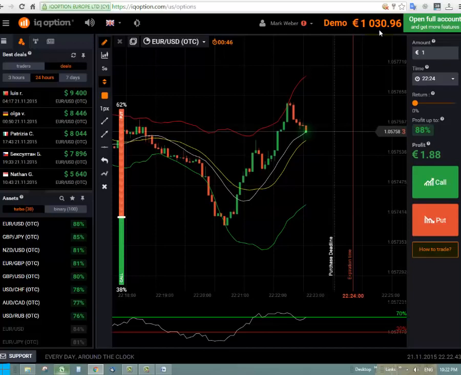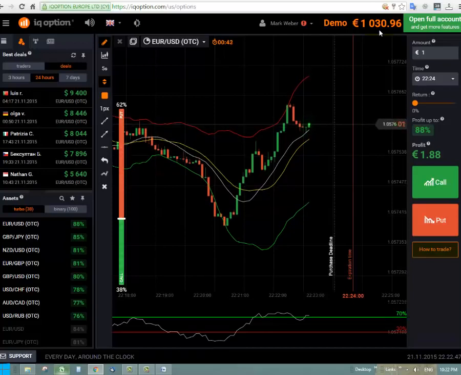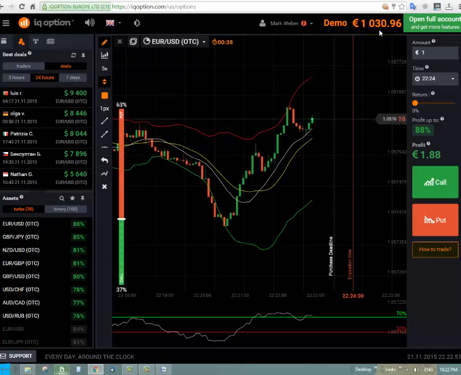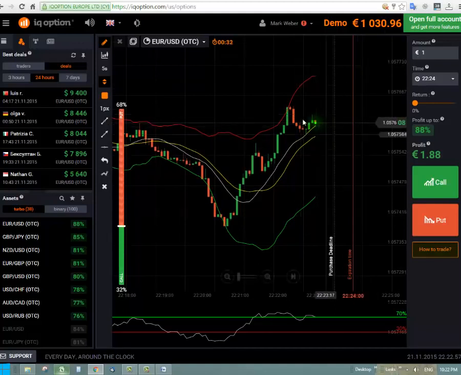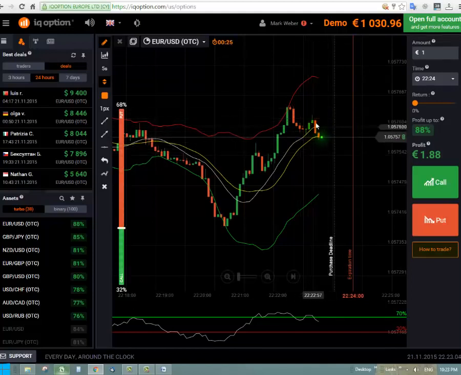I want you to be very careful, and remember that you have to be disciplined, very disciplined with this strategy. It's not recommended to open a position in this area. It's called no man's land area, because you don't know what the price will do.